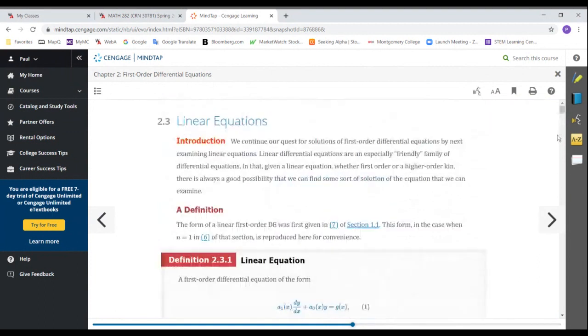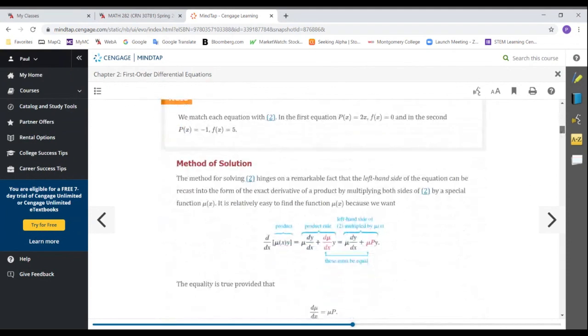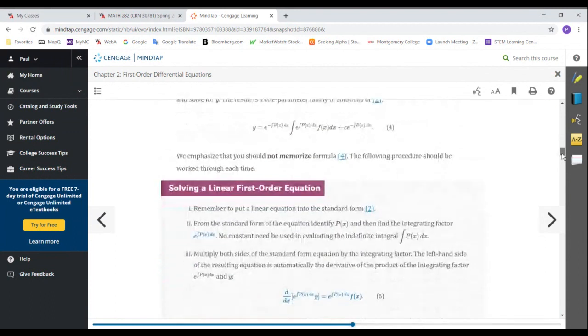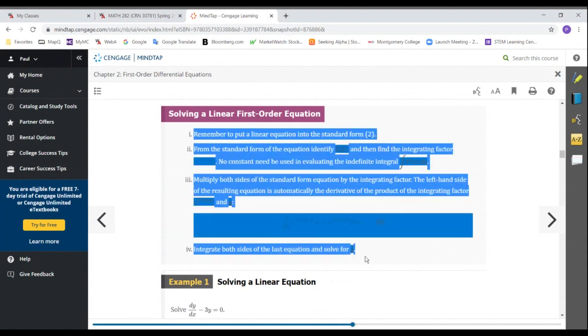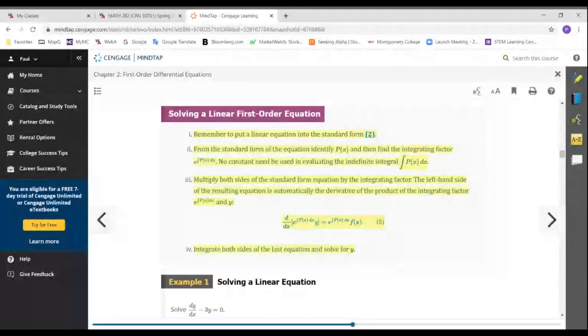They go through the method of solution and why this process works. You're welcome to look at that. I think by doing enough examples, you'll get a feel for why you choose that integrating factor. But Thomas, do you see here the 4 steps written out? Integrate both sides of the last equation and solve for y. That's correct. Got it. Thank you. Sure, you're welcome.